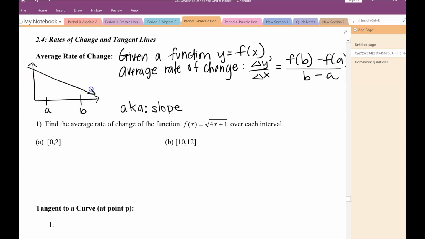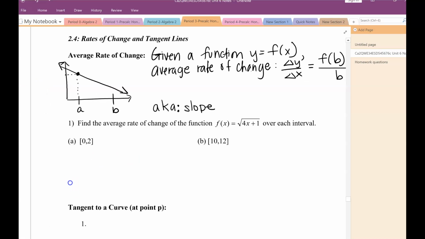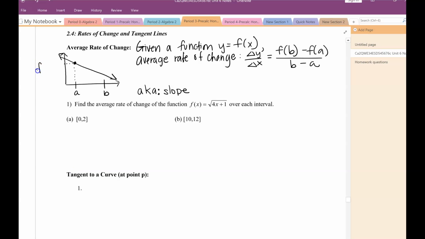There you go. So this is f of A somewhere up here. F of A is simply the y value at A, right? Here's f of B.